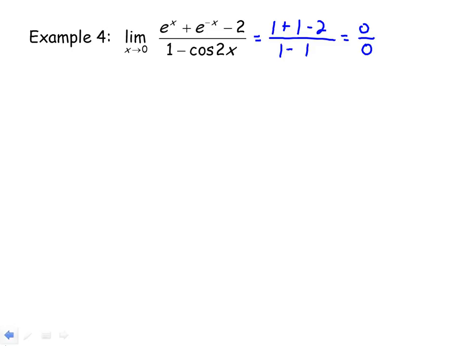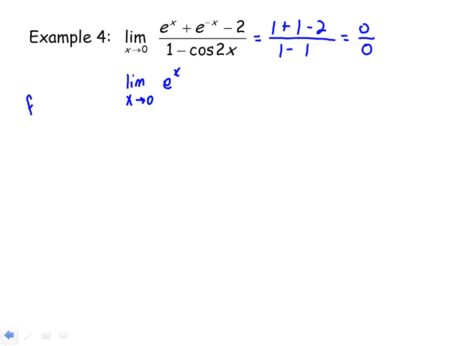So let's take the derivative of the top. The derivative of e to the x is what? E to the x times the derivative of x, which is 1, so we kind of omit it, but don't forget it's there. Okay, what is the derivative of e to the negative x?